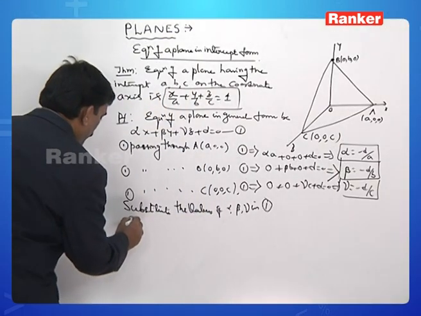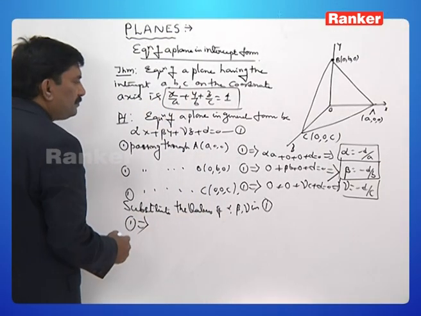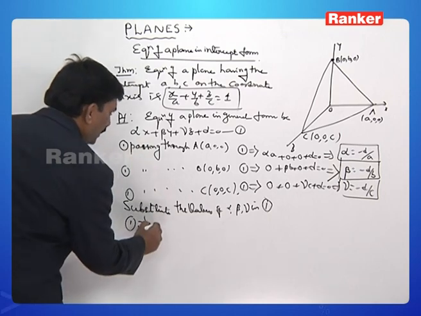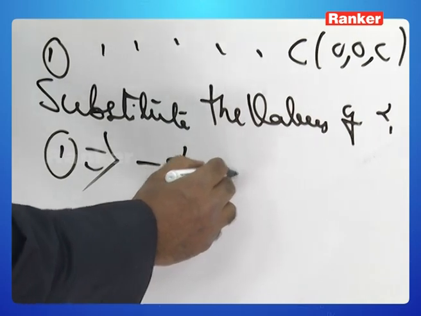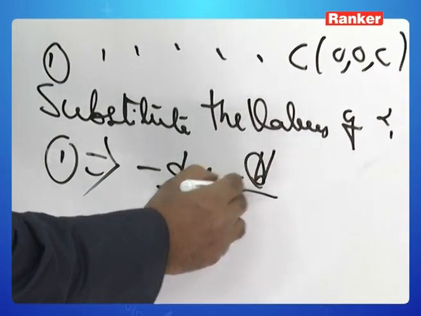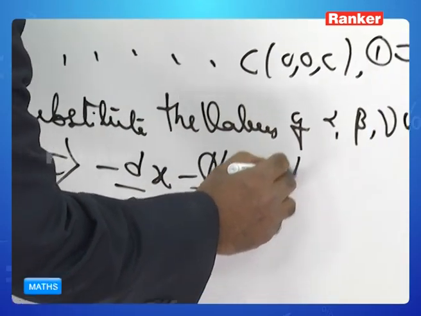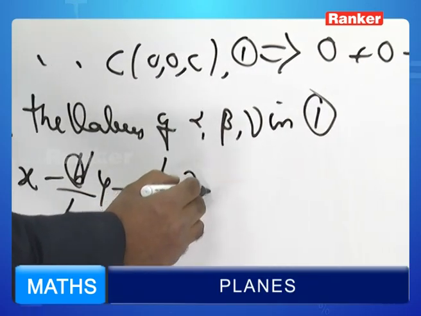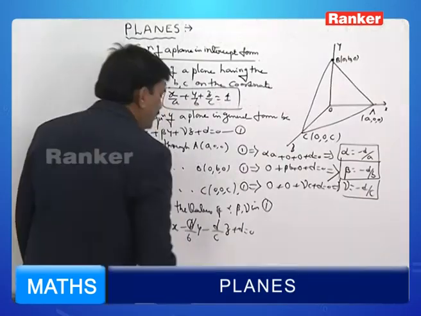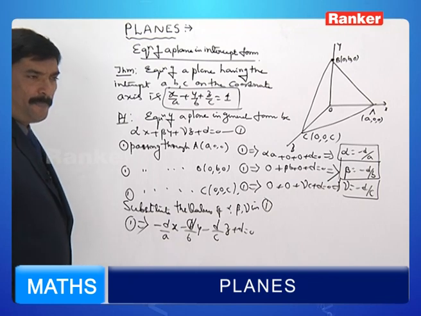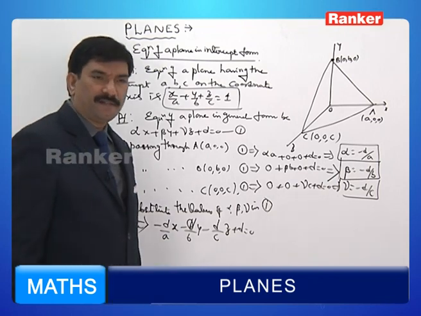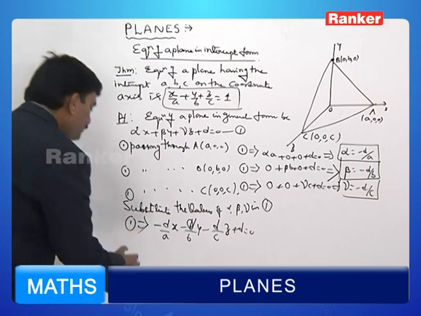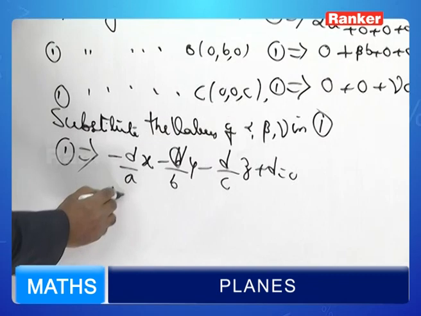Therefore, 1 implies minus d by A into x, minus d by b into y, minus d by c into z, plus d is equal to 0. Take out minus d as a common factor.